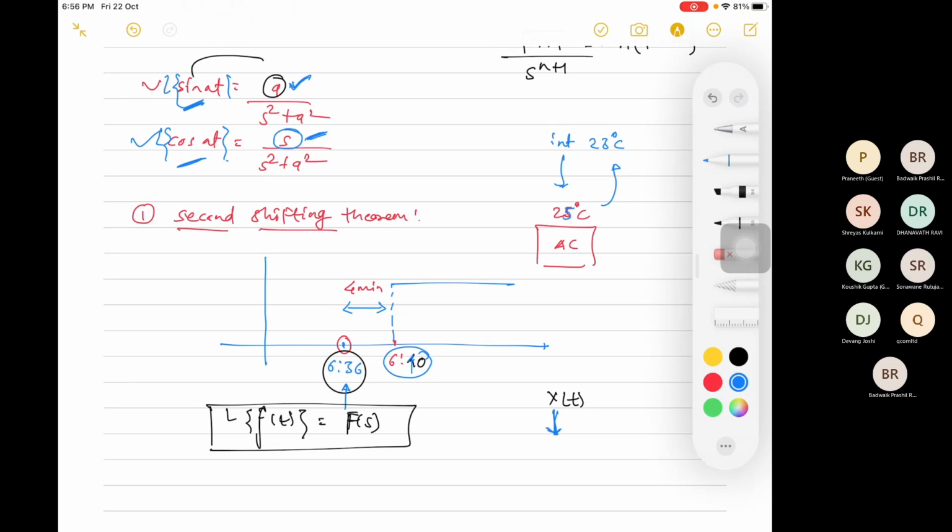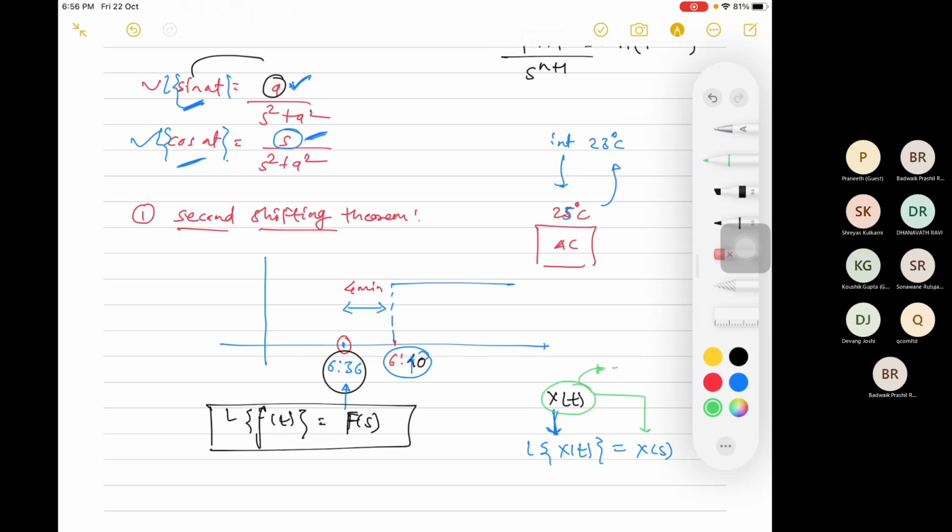If you don't know the Laplace, and something is randomly given in the time domain, what is the Laplace of this? The Laplace transform of x of t is capital X of s. So if you don't have any equation, then directly write x of s in place of x of t. That is the Laplace. You just need to replace that value, it could be any value.